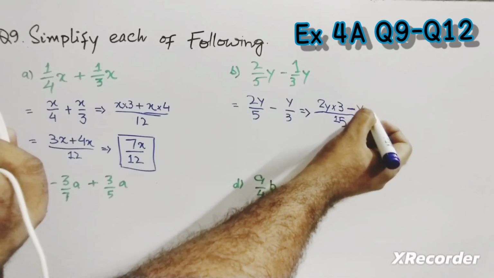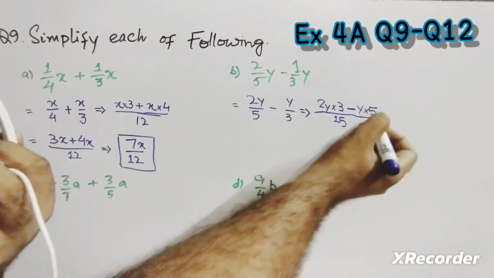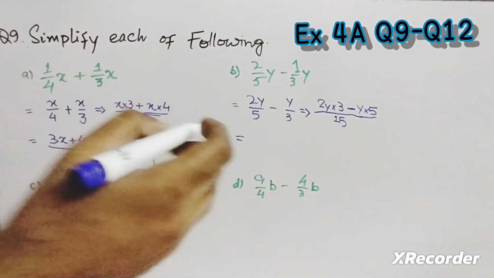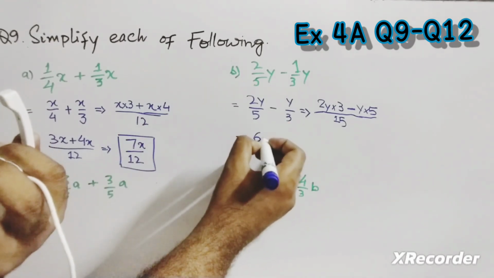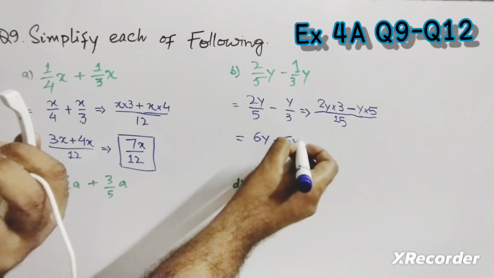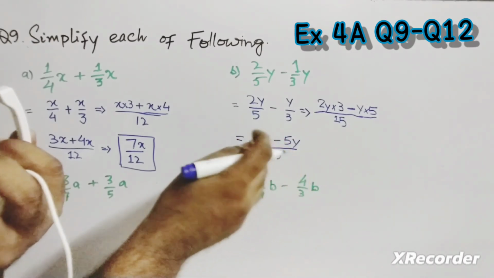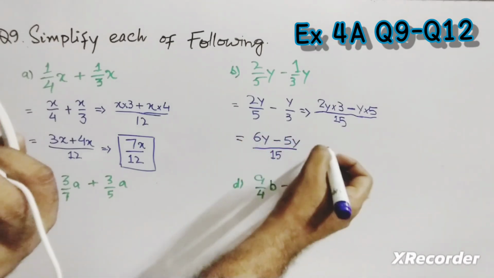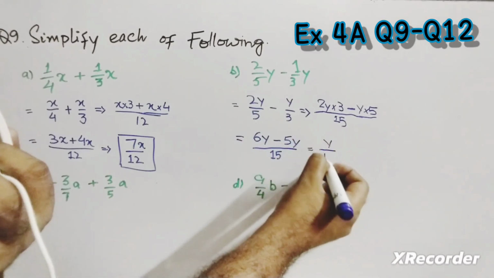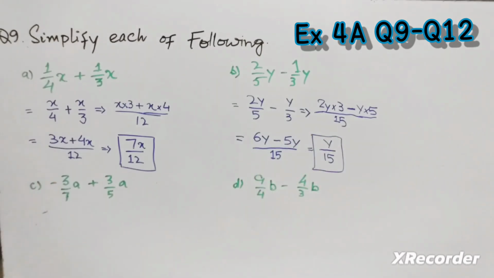Then for the second, 3 times 5 is 15, so multiply by 5. By solving this, 2 multiplied by 3 is 6, so we can write 6y minus 5y upon 15. In the final step, 6y minus 5y is equal to 1y or only y upon 15. This is our required answer.